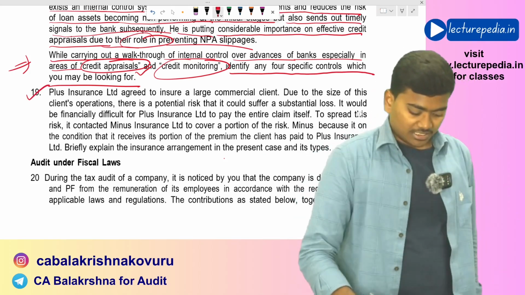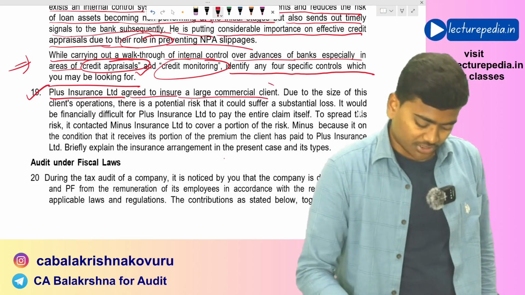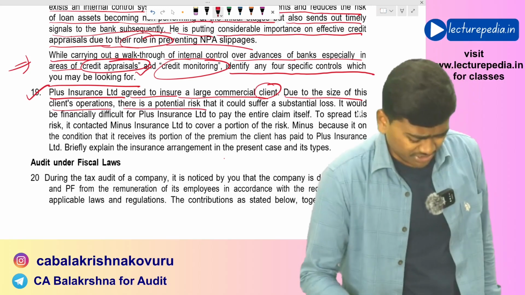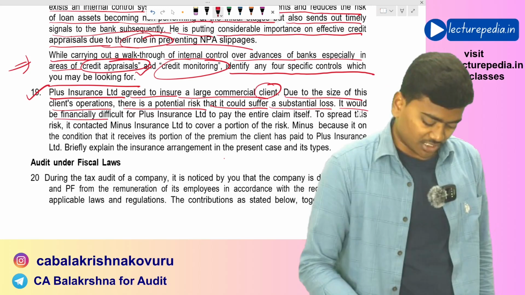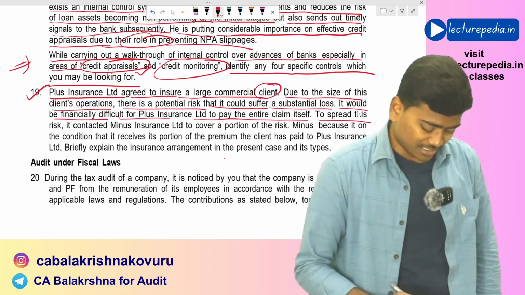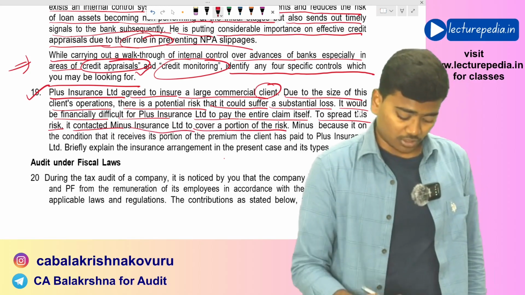Question number 19. Plus Insurance Limited agreed to insure a large commercial client. Due to the size of this client's operations, there is a potential risk that it could suffer a substantial loss. It would be financially difficult for Plus Insurance Limited to pay the entire claim itself. To spread this risk, it contacted Minus Insurance Limited to cover a portion of the risk.